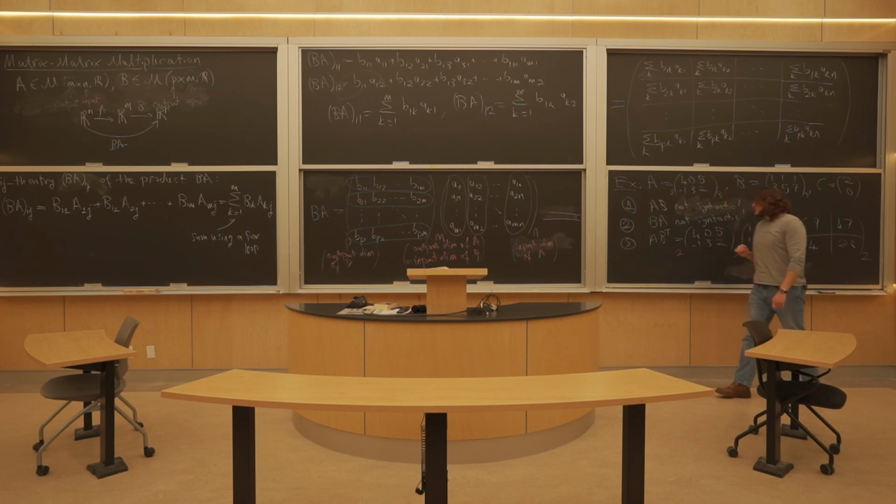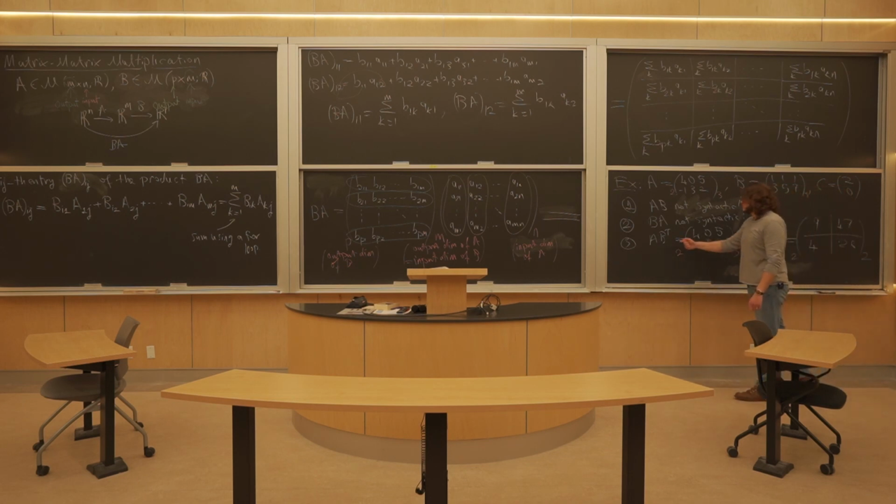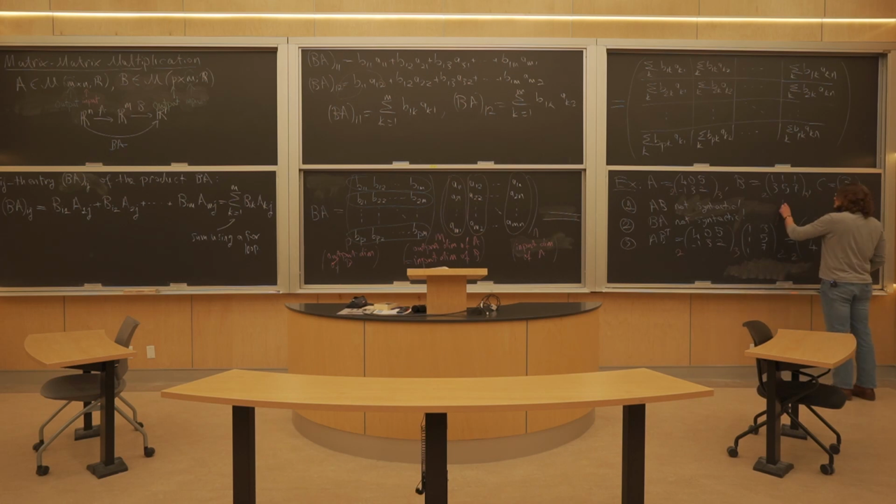Now, for instance, I could have also computed, let's say, B transpose A. Okay? Again, I can just write down the inputs and outputs. So this is 3, 2.